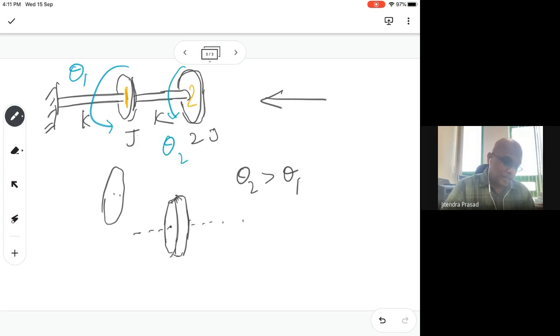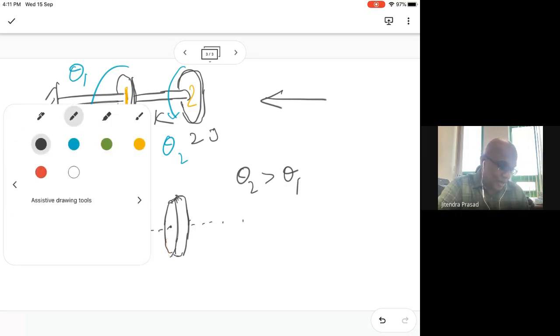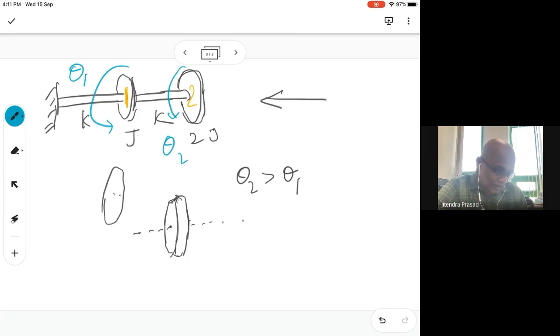Now this displacement of the shaft is anti-clockwise by θ1, and hence this will apply an opposite force on this disc, right? There will be an opposite force like this one. And what will be the force? The force will be K times θ1.